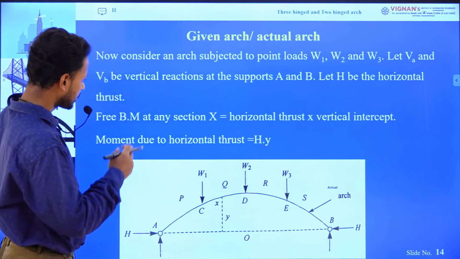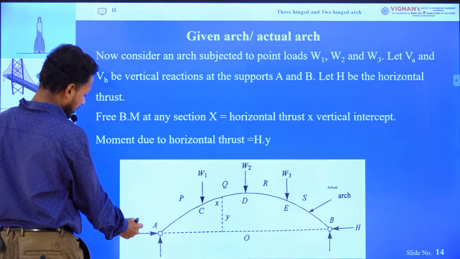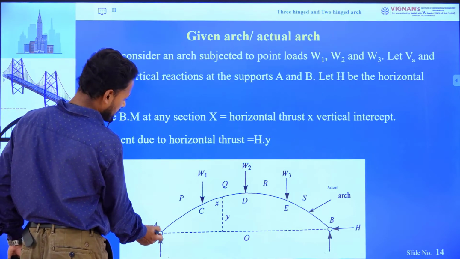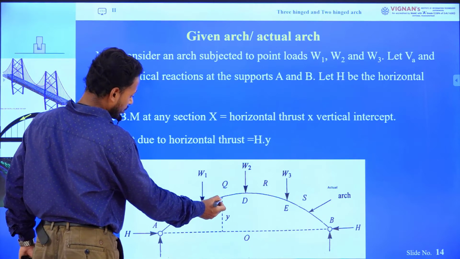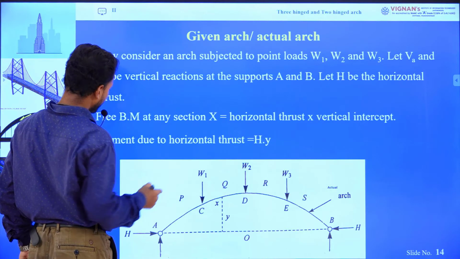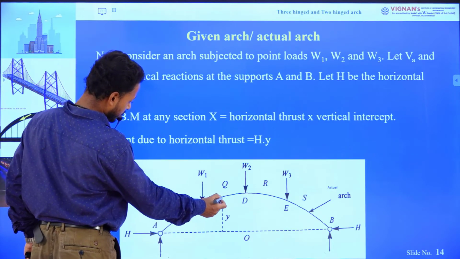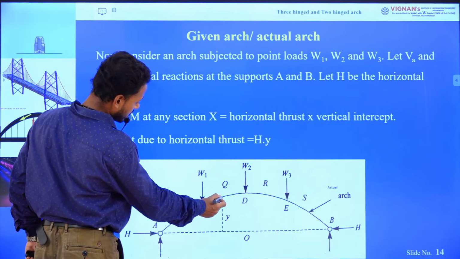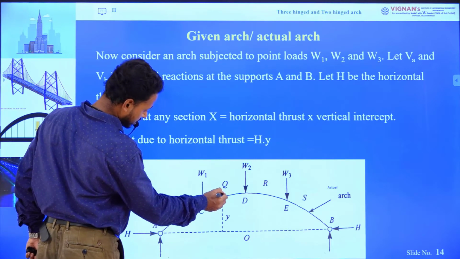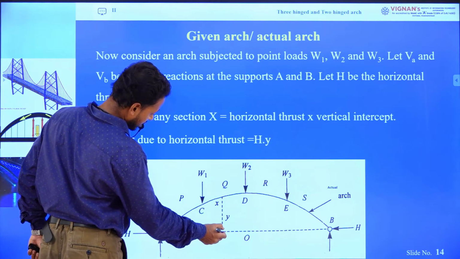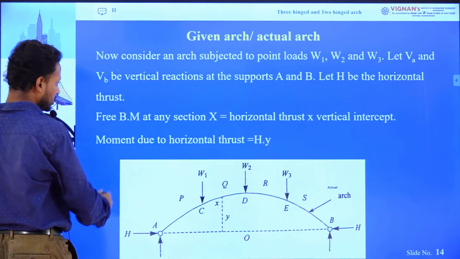This is called the actual arch or given arch, and the horizontal thrust is H at support A and support B. At this cross section we want to find the moment. Due to this horizontal thrust, if you take the bending moment at this point, we have this force into this distance. So this is H and this is y. So H into y will be the bending moment due to the horizontal thrust.